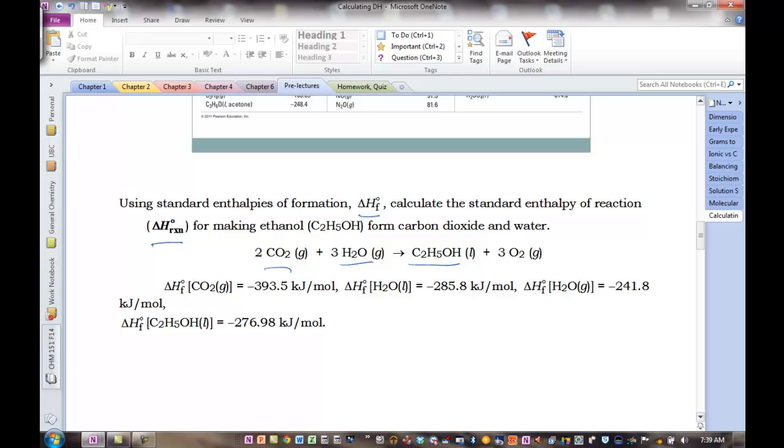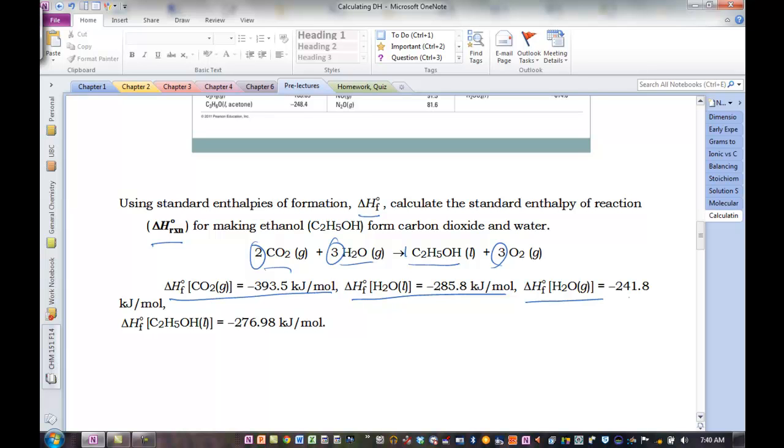It's balanced. Make sure you double check that you have a balanced reaction because the coefficients are going to be important for our calculation. All right, and then if you're doing homework, you're going to have to look up these values. On an exam or quiz, they'll probably be given either in the problem or on the back page of the exam. So these would be given.